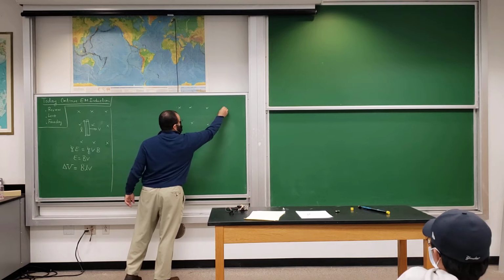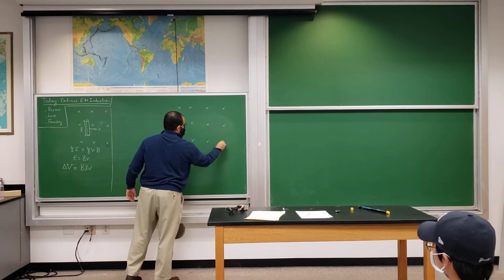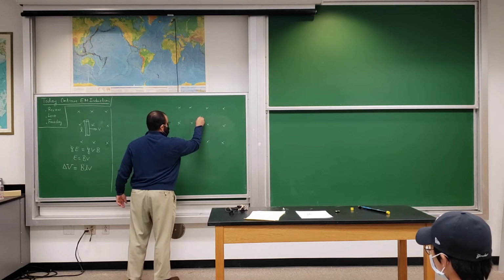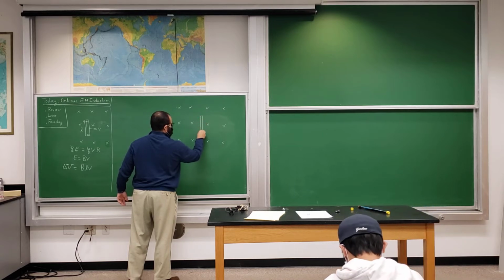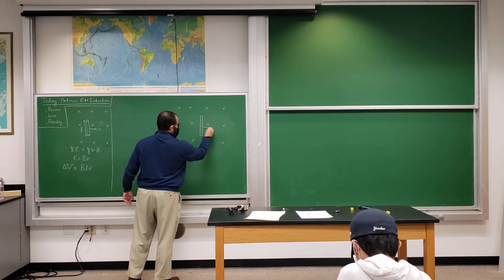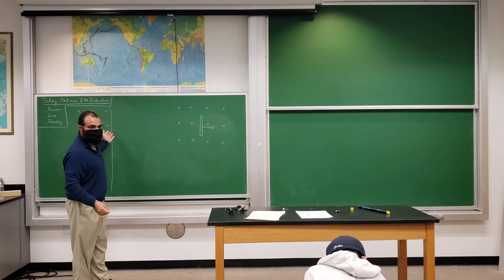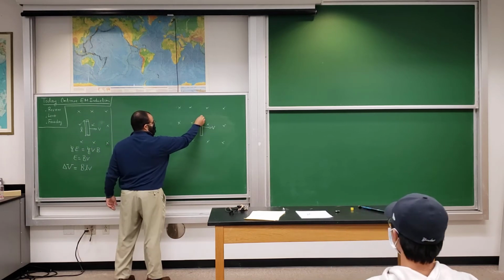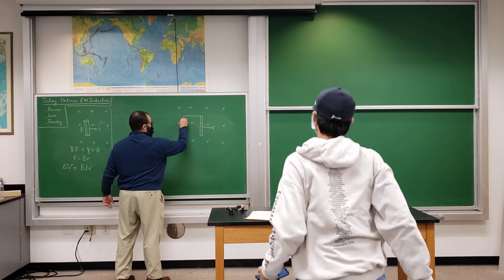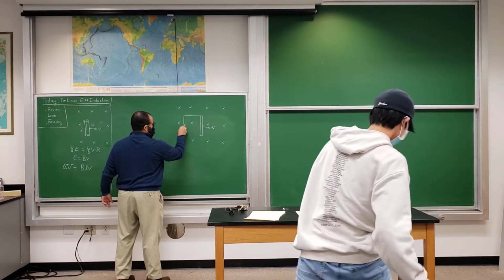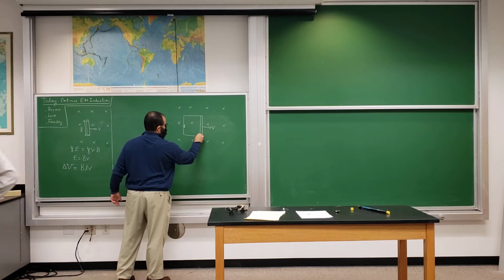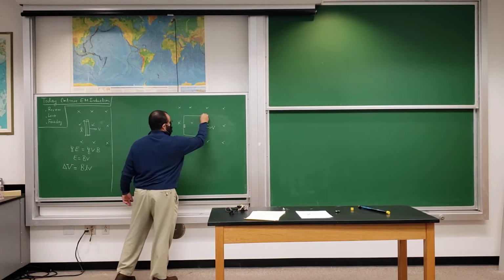Okay. So here's the setup. We're still going to have our rod, and we're still going to drag our rod with a velocity v. Now we want to provide our pluses a path to go around. So I'm going to put a resistor here, and the charges can go like this.